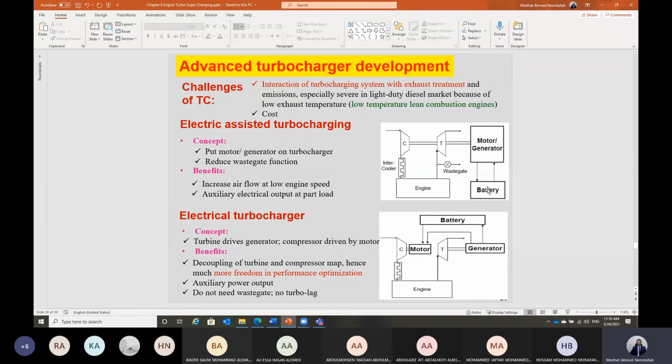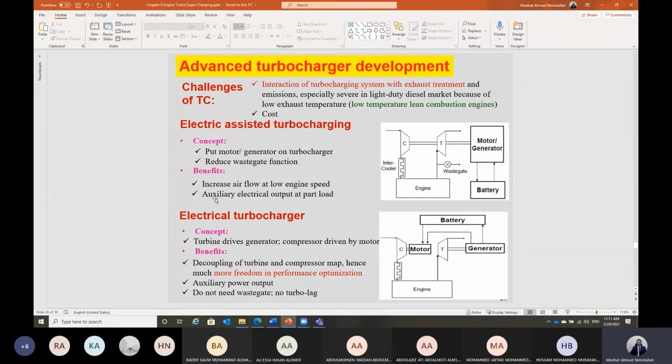But what will happen at lower RPM? At lower RPM, the mass flow rate of the exhaust is low. So the turbine will not be able to generate enough power for the compressor. So in this case, the battery will just drive the electrical current to the electric motor. It will work as an electric motor in this case, and it will drive this shaft, and it will run the compressor at lower RPM.